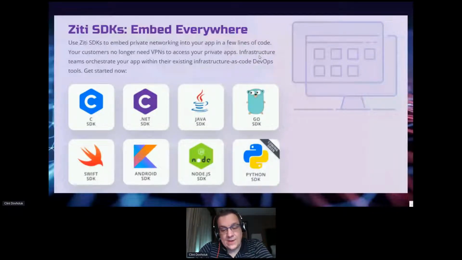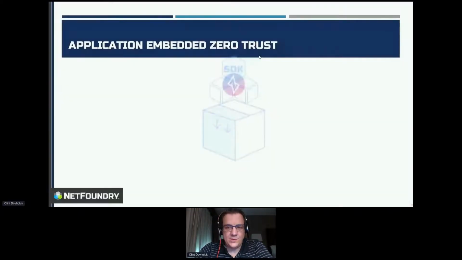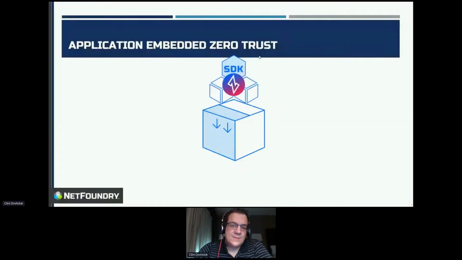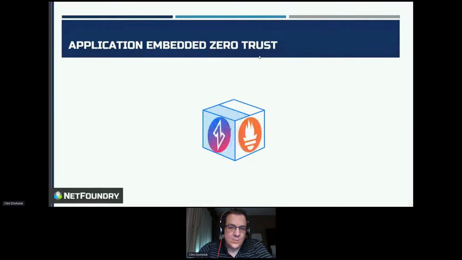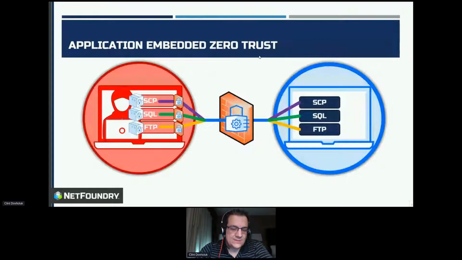Don't leave security at your device. Bring it all the way into your applications themselves. If you wanted to look at the presentation I did at DeveloperWeek United States, I think it's worthwhile because you'll get to learn about a lot of the superpowers that OpenZiti will provide your application. So basically, we're going to take that Ziti SDK, jam it into our container, and make a Ziti plus Prometheus application.